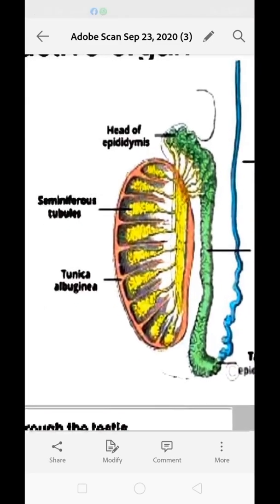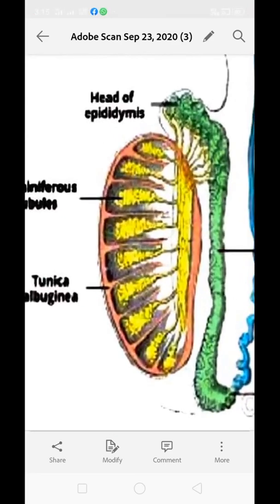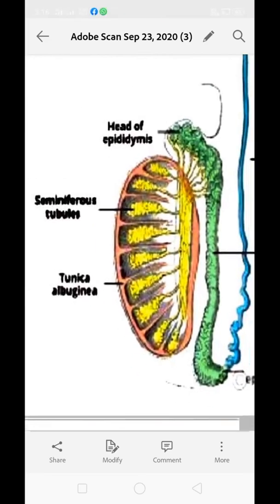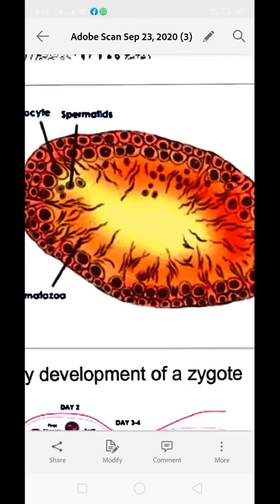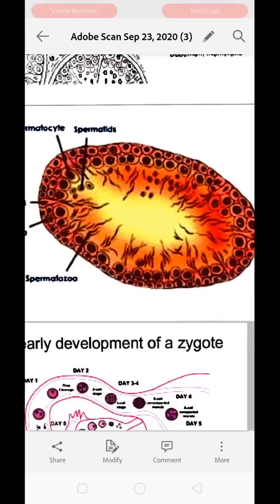Over here you can see seminiferous tubules, right? Lots of seminiferous tubules are present over here. Once we cut open a particular seminiferous tubule, it appears like this. Inside this seminiferous tubule, the sperm is formed.